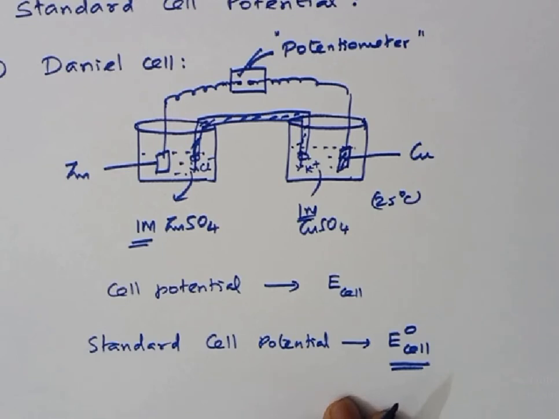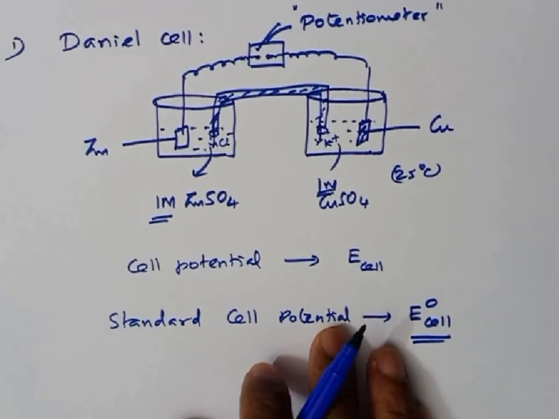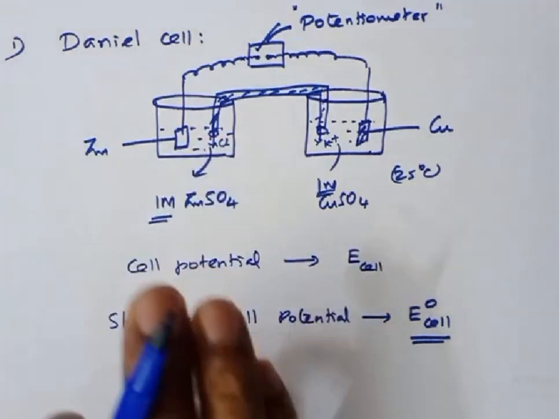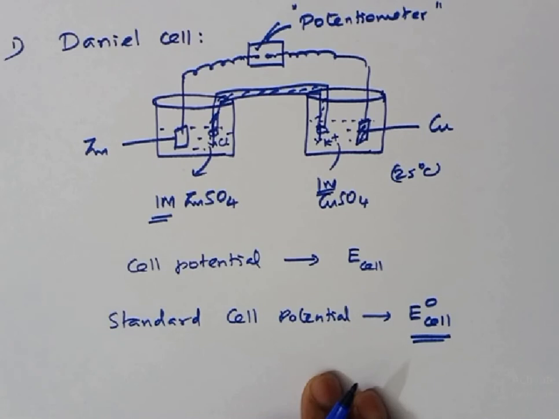What scientists did was give a method to represent the cell on a paper.